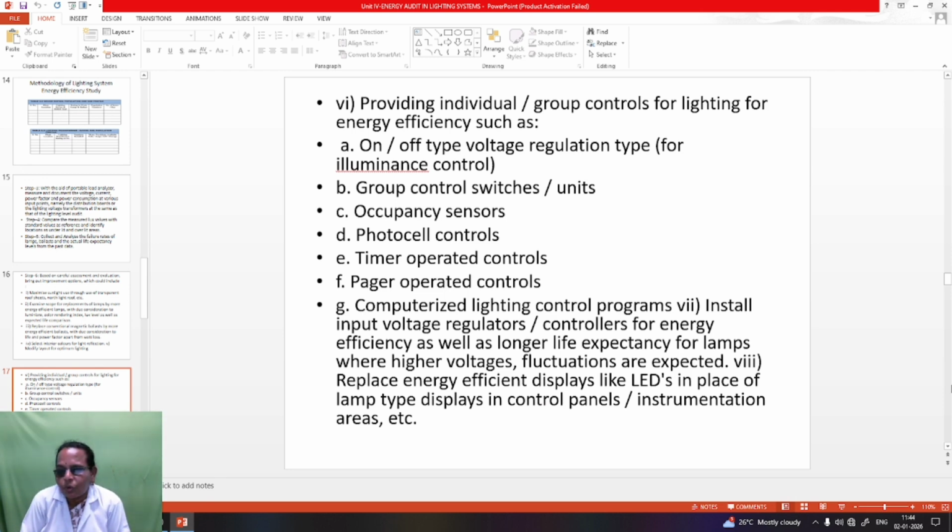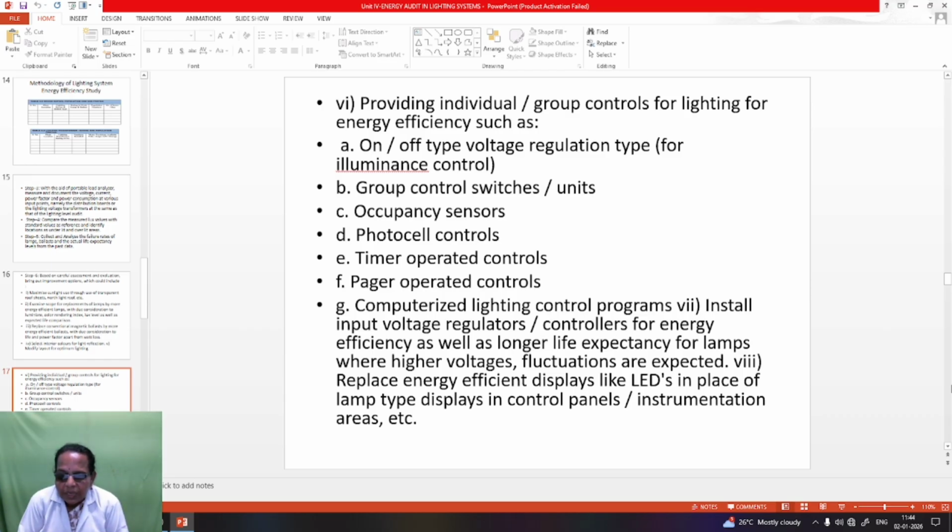Provide individual group control of lighting for energy efficiency, such as on-off type, voltage regulation type, group control switches, occupancy sensor, photocell controls, timer operated control, pager operated control, and computerized lighting control program.